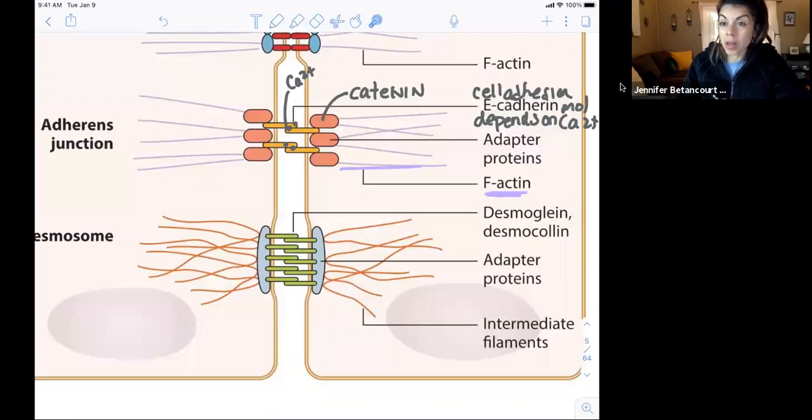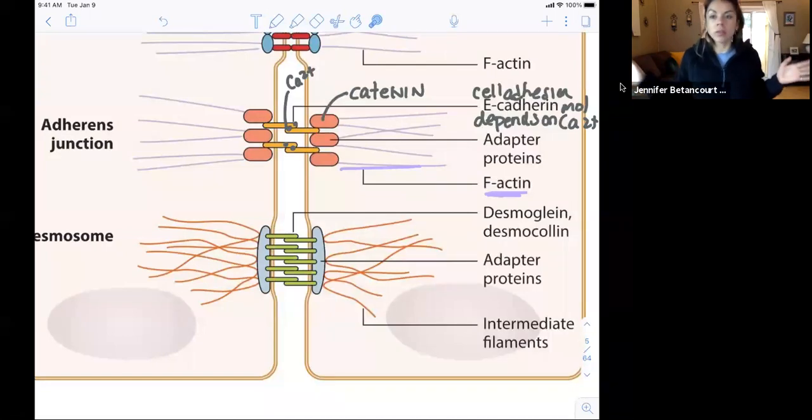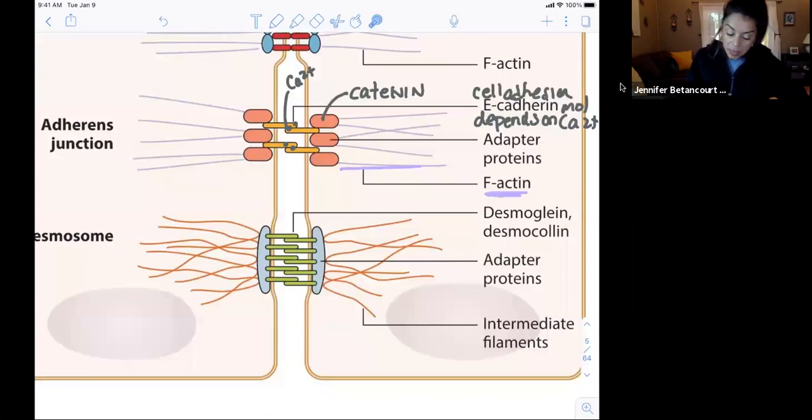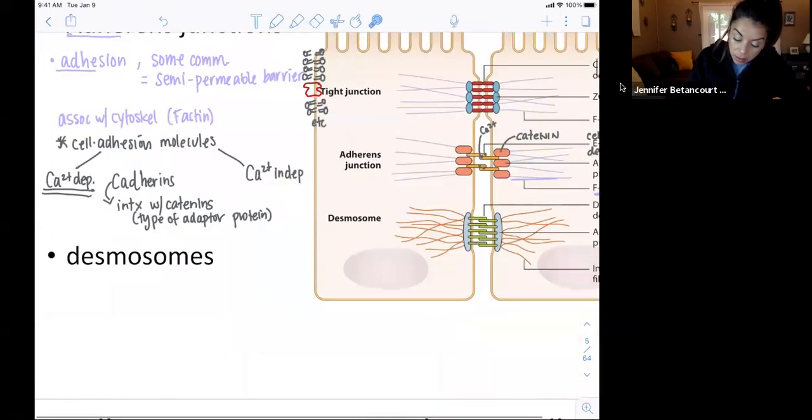So the catenin, that's why we call it an adapter, because it's kind of like a bridge protein. It kind of is like the middle ground, the mediator, right? It's holding the E-cadherin's hand and it's holding the F-actin's hand, and together they're one strong force. So the role of catenins, their specific role is to interact with the cytoskeleton.